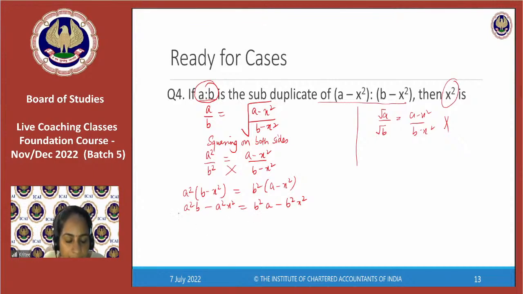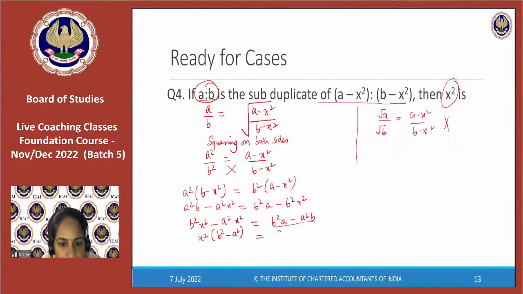So bring both the x square terms on one side. This is minus. Coming here will make it plus. B square x square minus a square x square to be equal to b square a minus a square b. I hope there's no issue here. So we take out x square common. We have b square minus a square. We take out ab common.